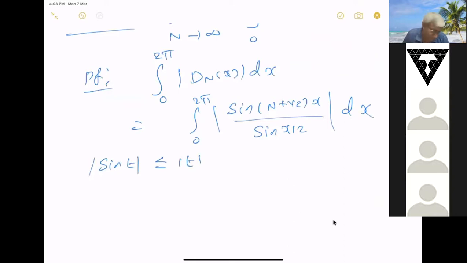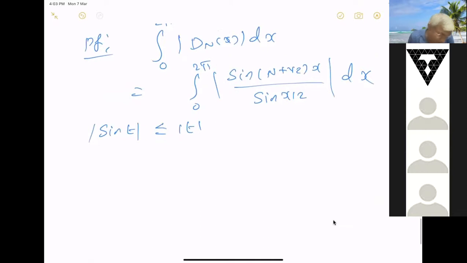At 0, both sides are 0, and if you differentiate t minus sine t, you get 1 minus cos t, which is greater than or equal to 0. So t minus sine t is an increasing function, so sine t is less than or equal to mod t. I have said it orally, you just verify yourself, okay.